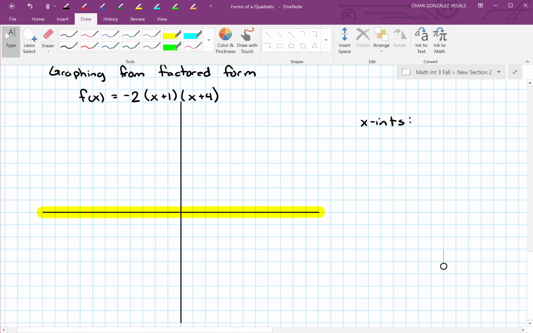Okay, so to find the x-intercepts, remember, your factored form is f of x equals a times (x minus r1) times (x minus r2), and the function that we have is f of x equals negative 2 times (x plus 1) times (x plus 4).